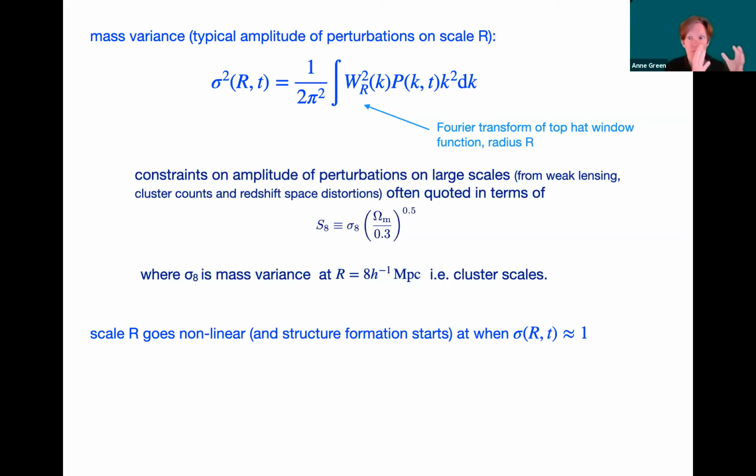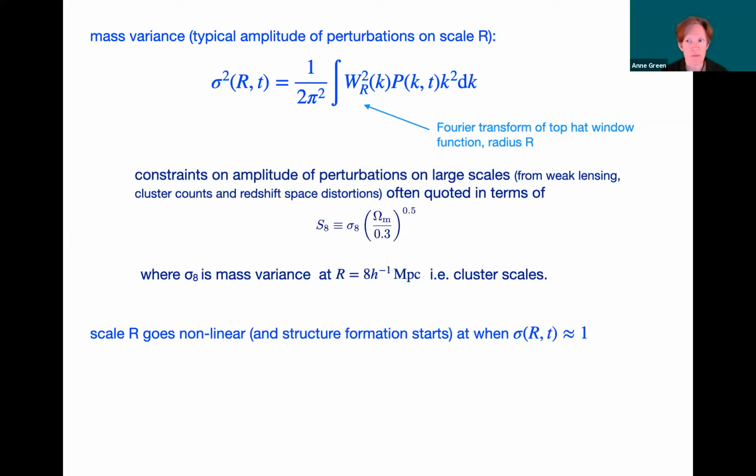That ends up giving you the typical amplitude of perturbations on some particular scale. And so sigma 8 is the mass variance on scales of 8 h to the minus 1 megaparsecs, which corresponds roughly to galaxy clusters.